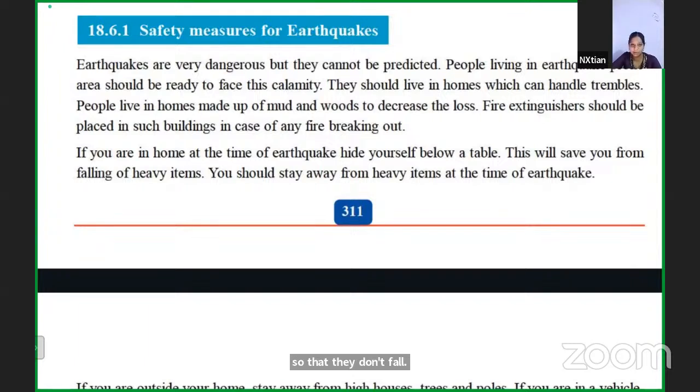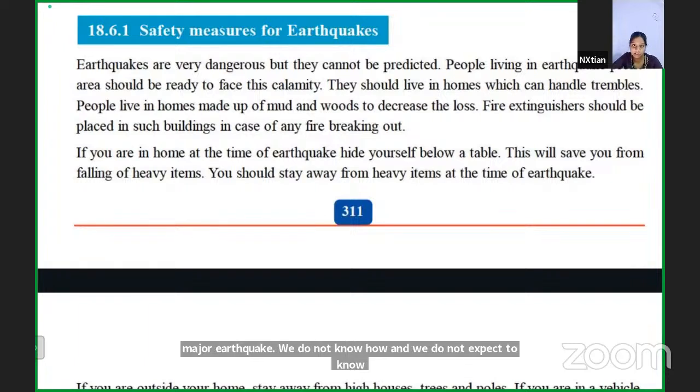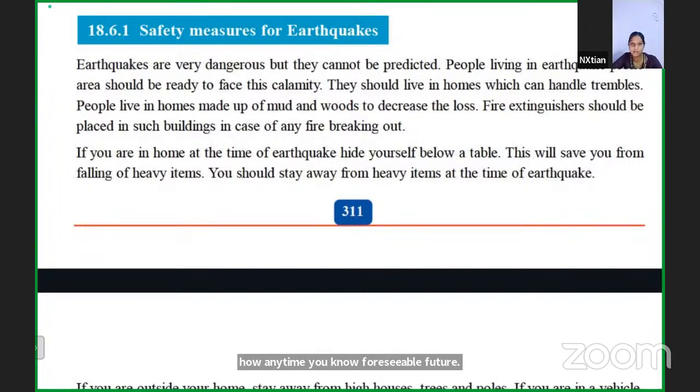Okay, Simeon has posted: neither the USGS nor any other scientists have ever predicted a major earthquake. We do not know how, and we do not expect to know how anytime in the foreseeable future. Can an earthquake be predicted?